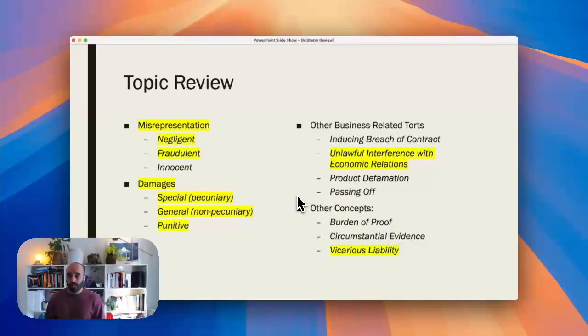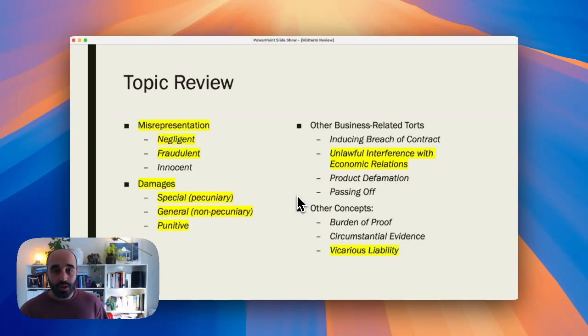Next, we talked about misrepresentation. Misrepresentations occur when the defendant makes a statement that the plaintiff reasonably relies on to their detriment, and this can happen in multiple ways. We focused on two. Negligent, that's when the defendant owes the plaintiff a duty of care and they fall below the standard in making their statement.